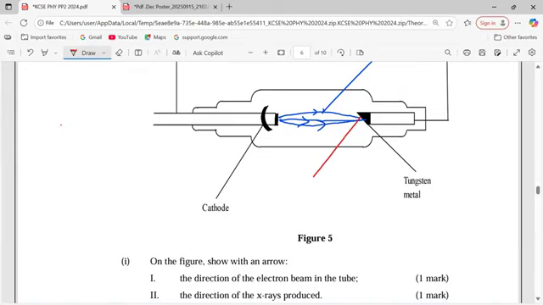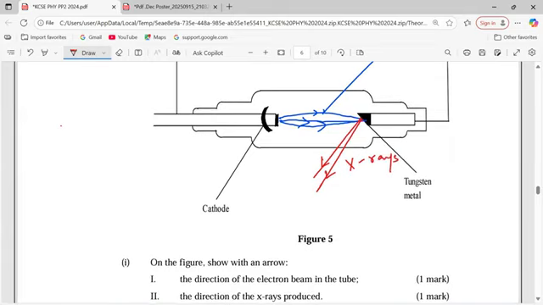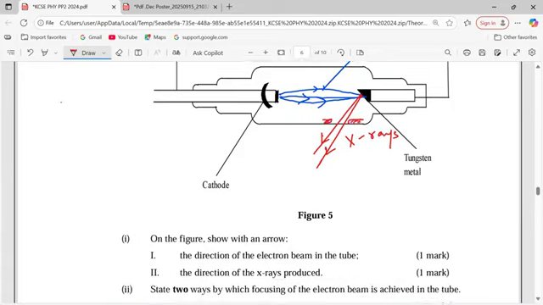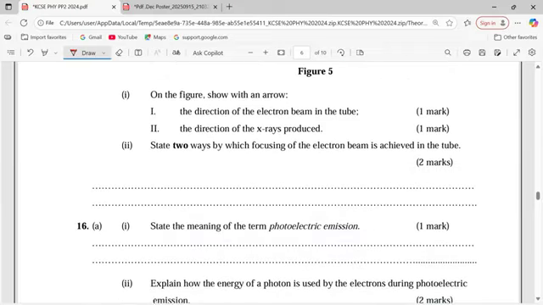We'll have the X-rays produced coming out through the window. We usually have a window here through which the produced X-rays flow out. So we are done with these particular parts.